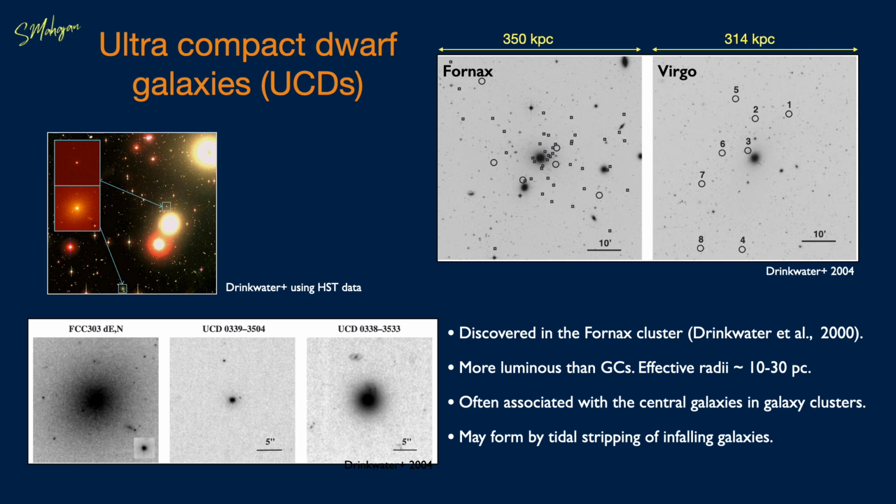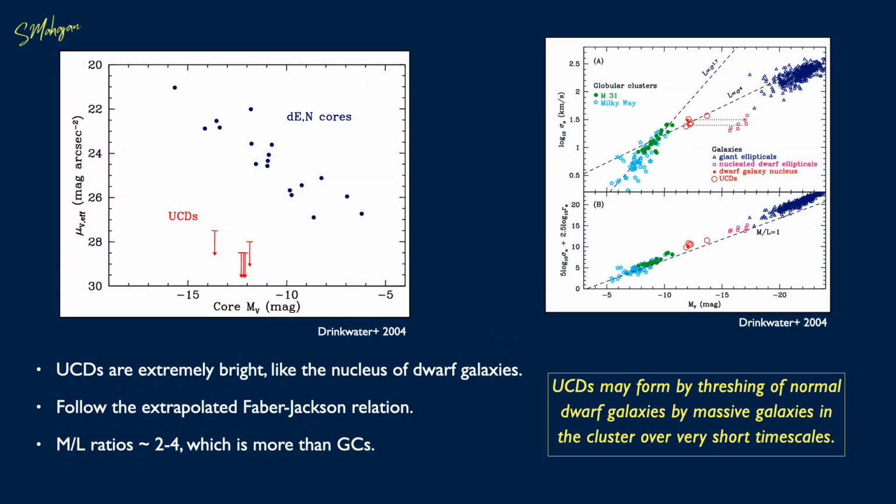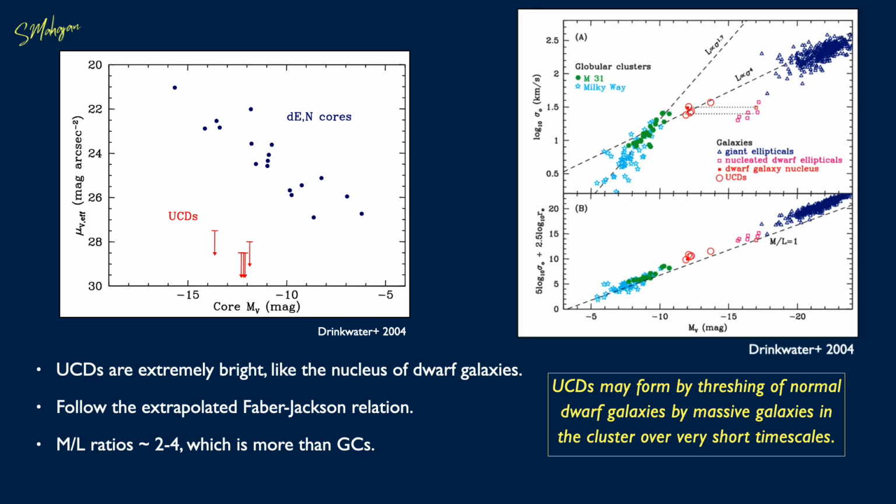Many astronomers believed that they may form in tidally stripped tails of galaxies undergoing transformations due to the impact of the intracluster medium or interactions with other galaxies in high-density environments such as clusters. The UCDs are shown to follow the Faber-Jackson relation extrapolated to lower luminosities as shown here.